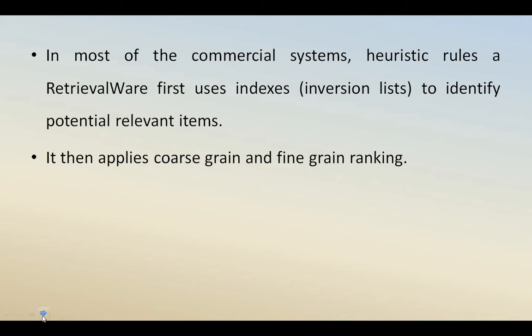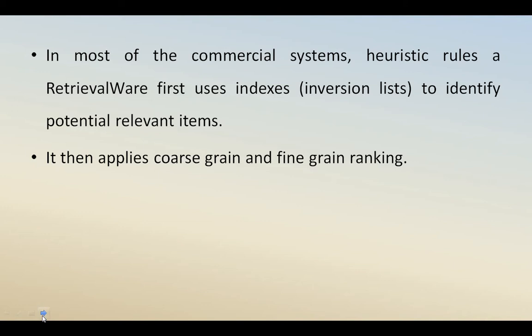In most of the commercial systems with heuristic rules, retrieval first uses an inversion list to identify the potentially relevant items. Most of the commercial information retrieval applications implement these heuristic rules. Retrievalware is one of the efficient software, a best example for retrieving information from the information retrieval system.